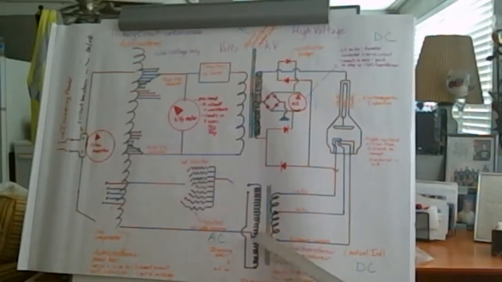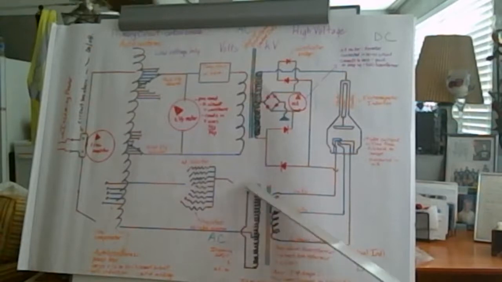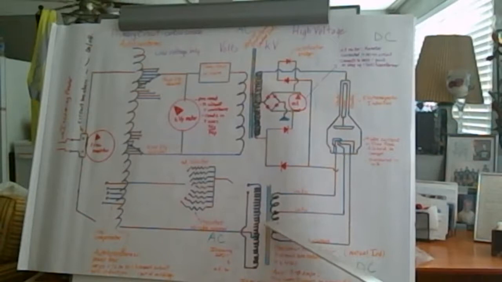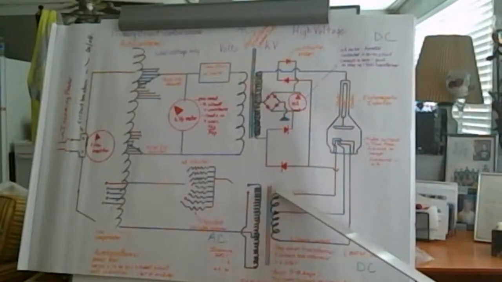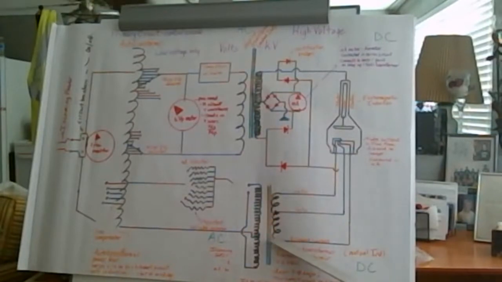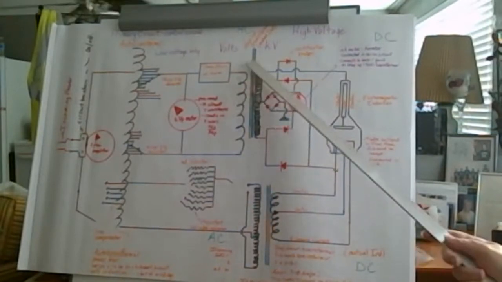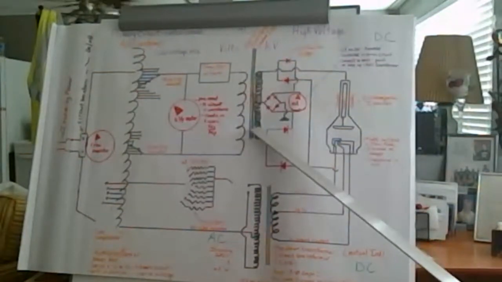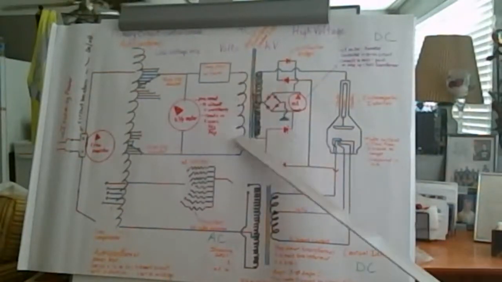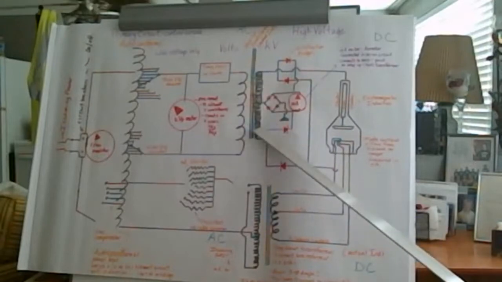A transformer is going to have a different number of coils on one side to the other. If it's stepped down, it has more coils on the primary side than on the secondary side. If it's step up, it has fewer coils on the primary side than on the secondary side.